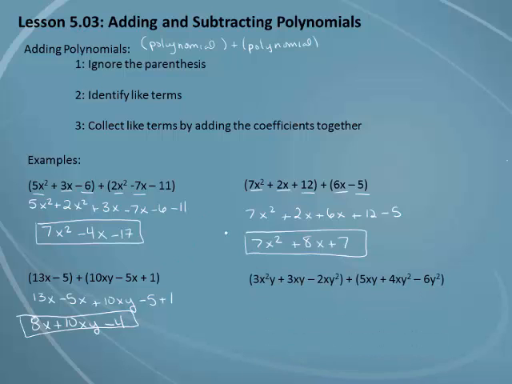And finally, looking at this, I have 3x squared y and then 4xy squared. Now keep in mind, x squared y and xy squared are not the same. So we look through. 3x squared y has no like terms. I have 3xy and 5xy. Those are alike.